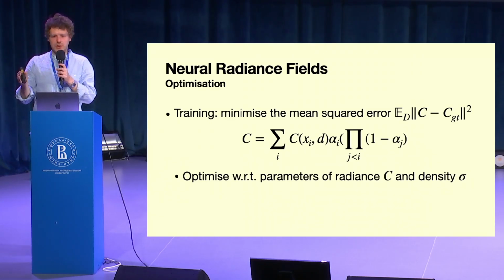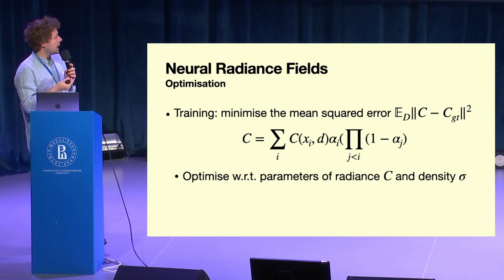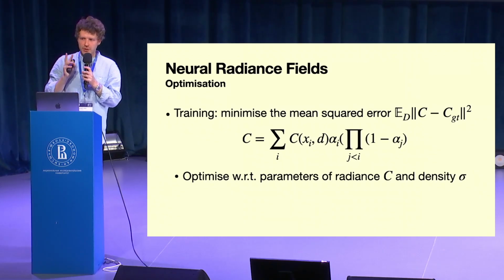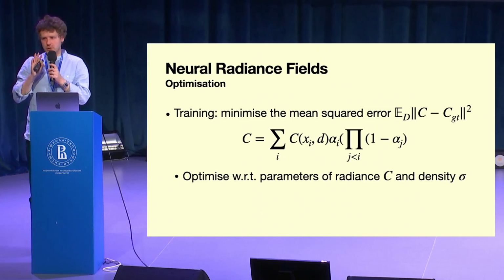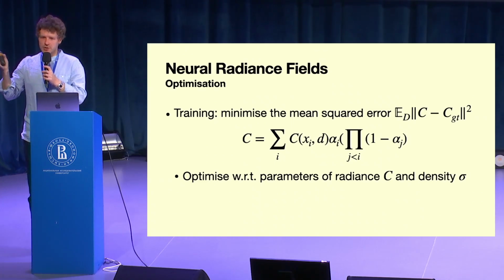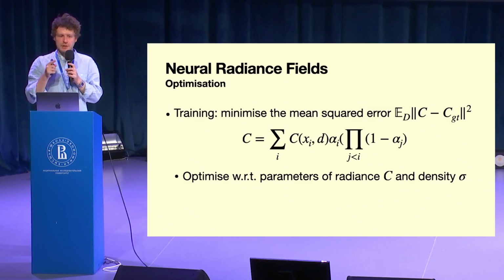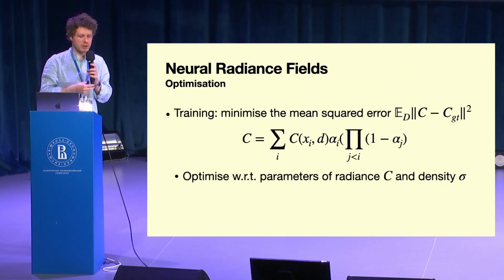And we can compute the difference between the image that we've rendered and the image we're given in the training set. And with those two images, we can compute mean squared error and just optimize the mean squared error, trying to find such density fields and radiance fields that produce an output image which coincides with the training image.